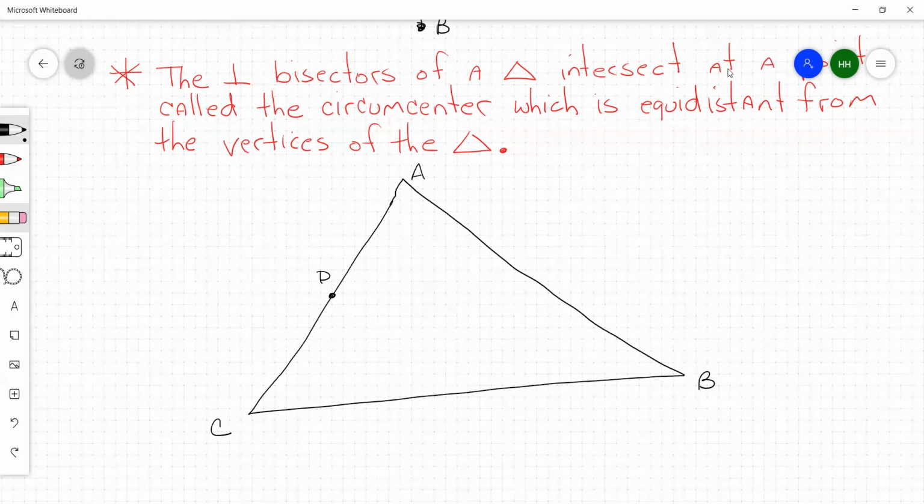That's right here around F. And there's a perpendicular bisector for side AC, and we're going to call it point E. Now I'm going to try to be as accurate as I can here. Okay, we're going to call this point right here, point P.